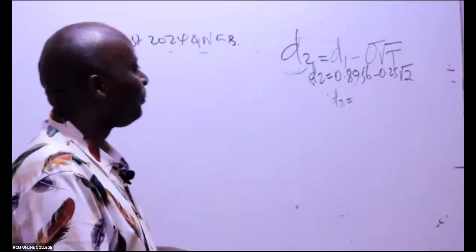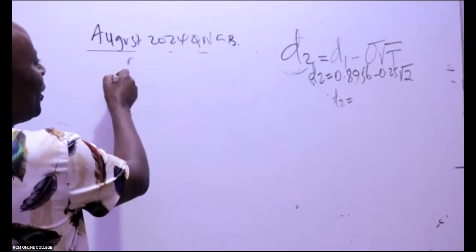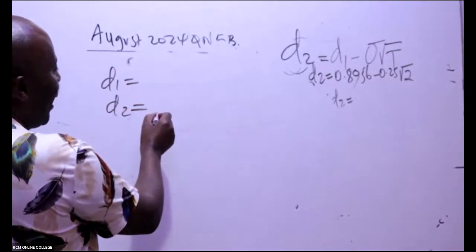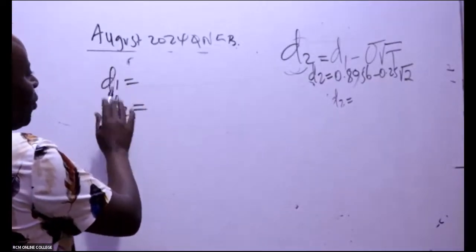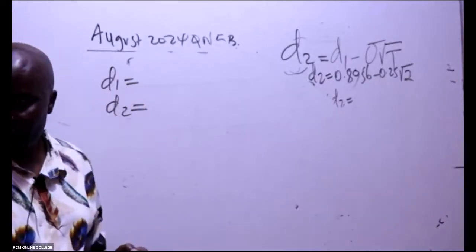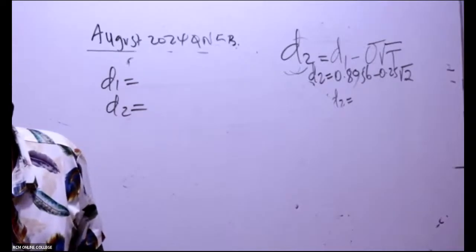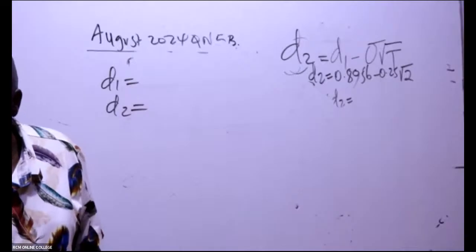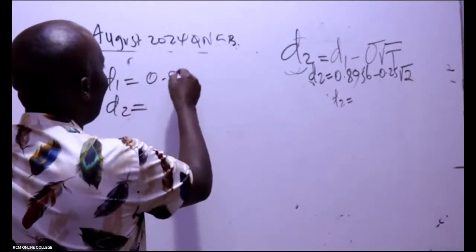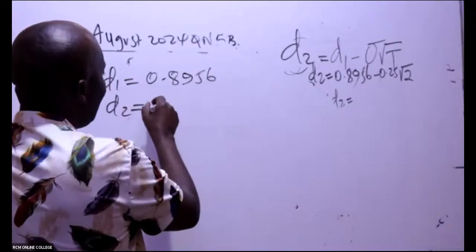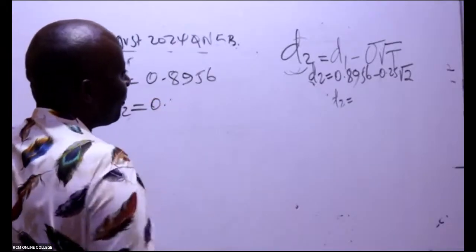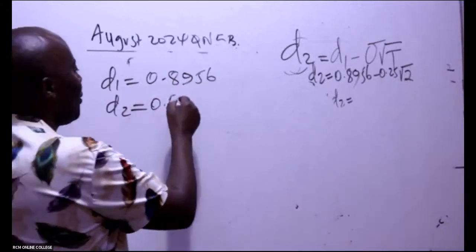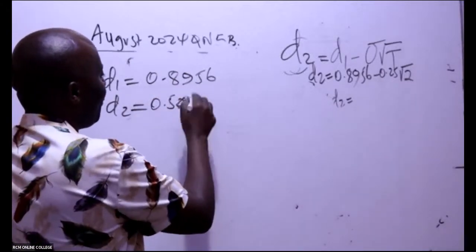So then we have our D1 figure and we have our D2 figure. Please remind Mwalimu, what is our D1 figure? Next is normalization, isn't it? D1 figure is 0.8956, and D2 is 0.5421.